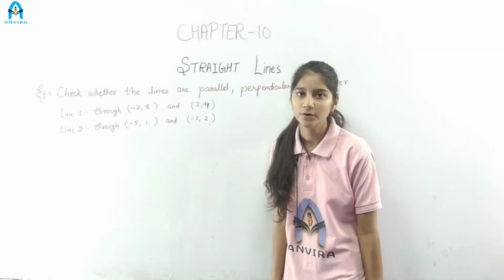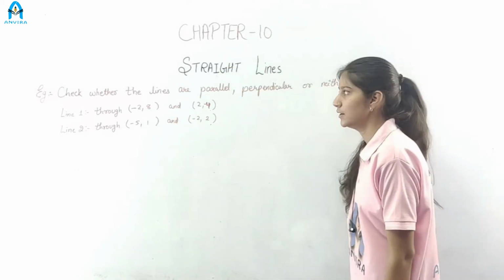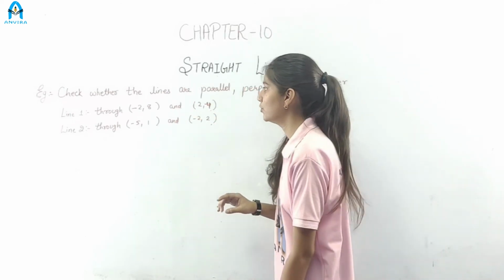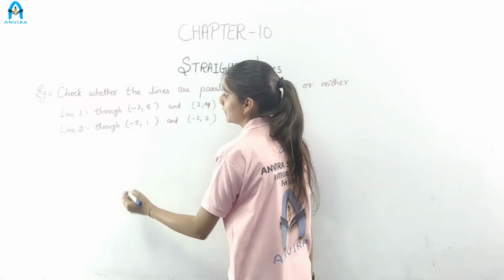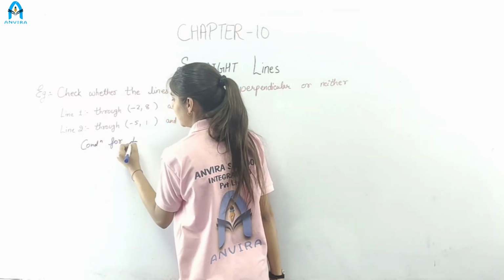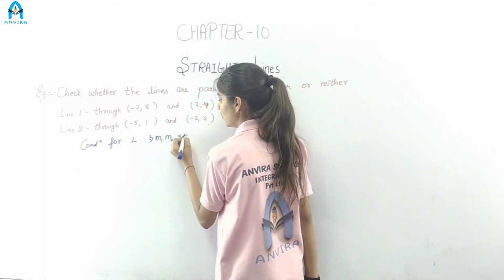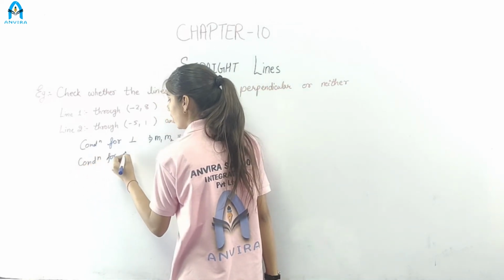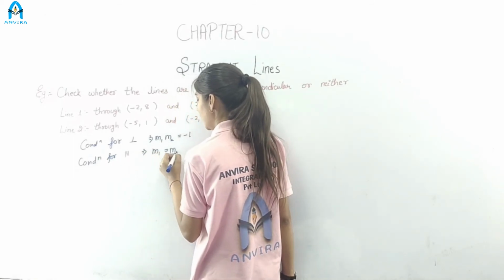Let us take an example to find out whether the two given lines are parallel, perpendicular or neither. That means neither parallel nor perpendicular to each other. So first of all, the condition for perpendicularity is m1 m2 is equal to minus 1, and the condition for parallelism is m1 is equal to m2.